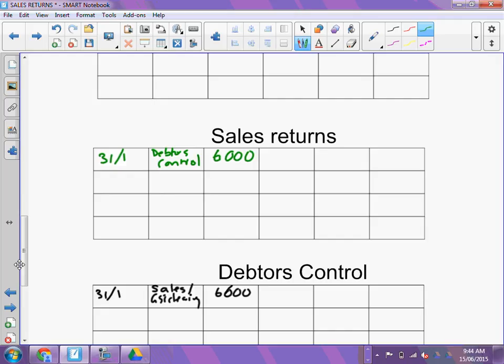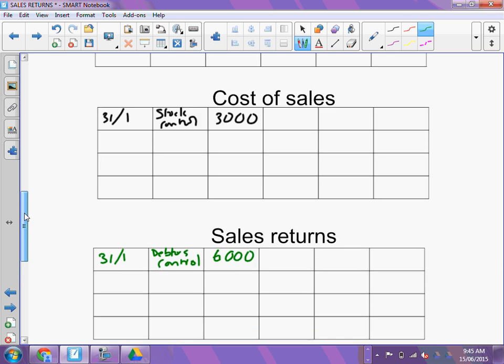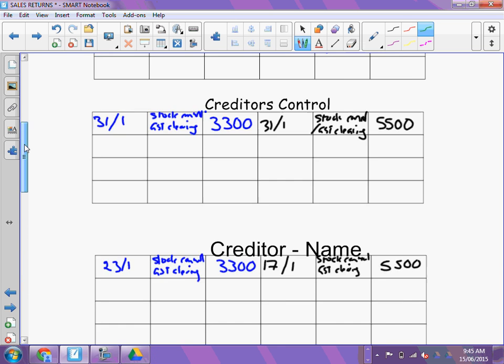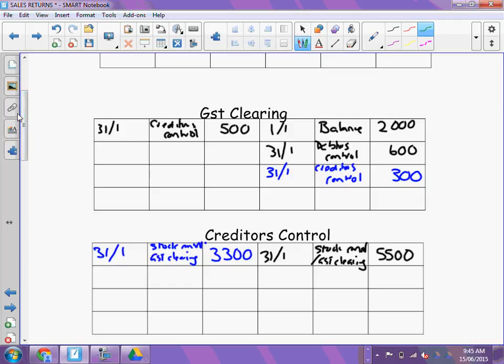It's debit sales return, debit GST clearing. Those two match up together. So sales return gets a debit of $6,000. GST clearing. What's the cross-reference going to be? Debtors control.